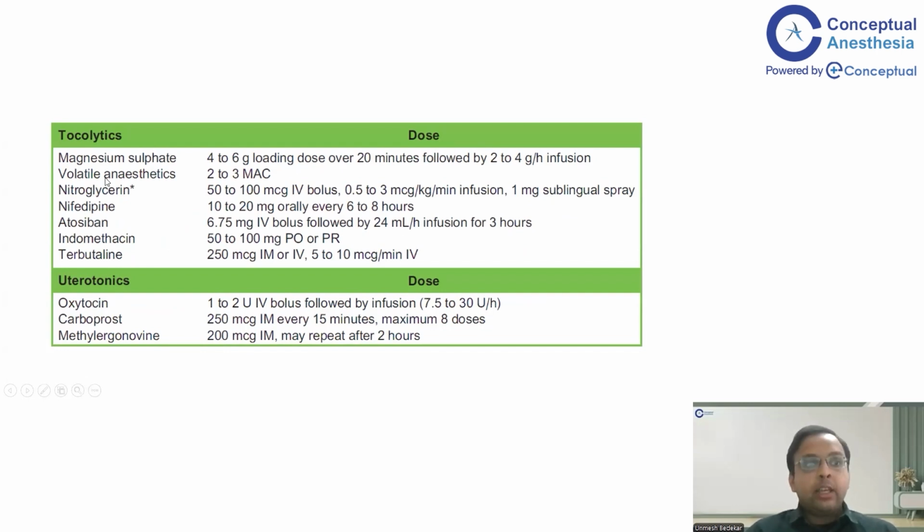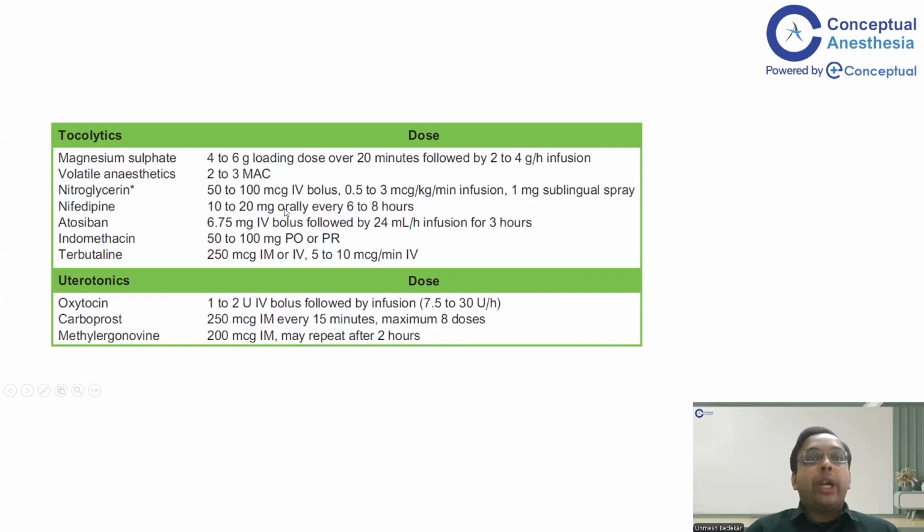Volatile anesthetics for better relaxation of the uterine muscles can be given up to 2 to 3 MAC. Nitroglycerin 50 to 100 mcg IV bolus can be given, or 0.5 to 3 mcg per kg per minute infusion, or 1 mg sublingual spray.